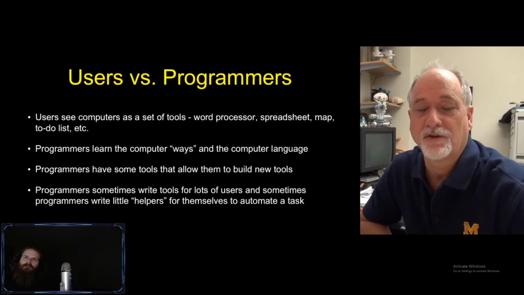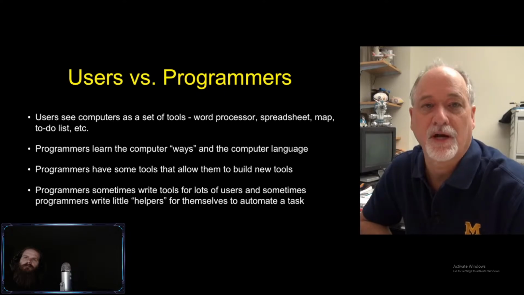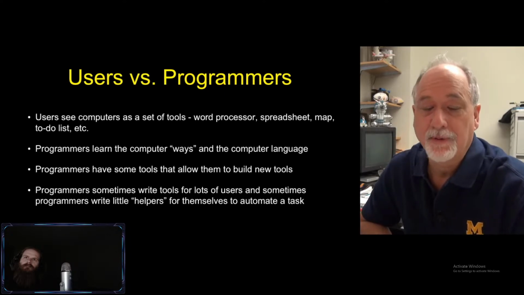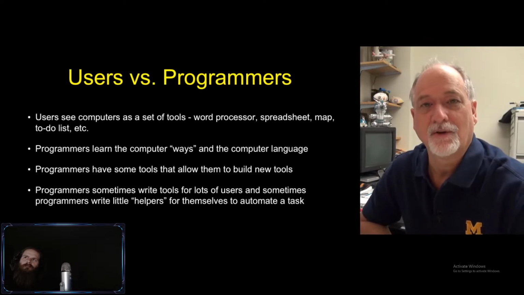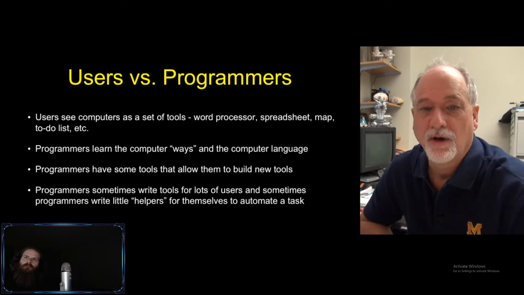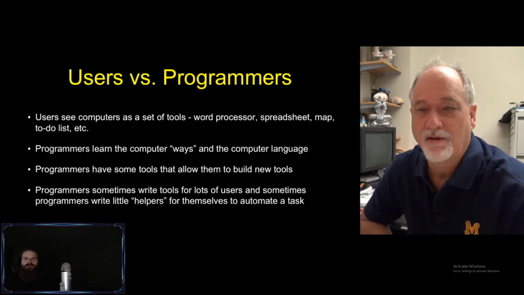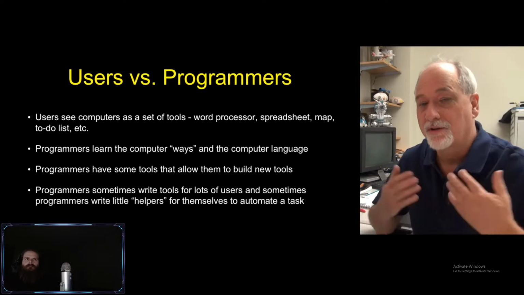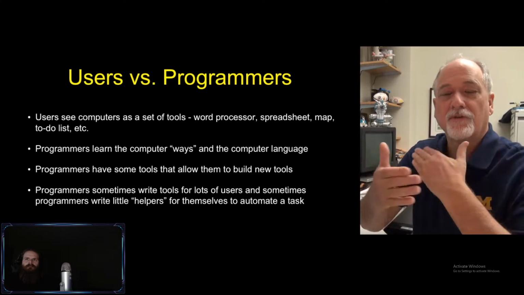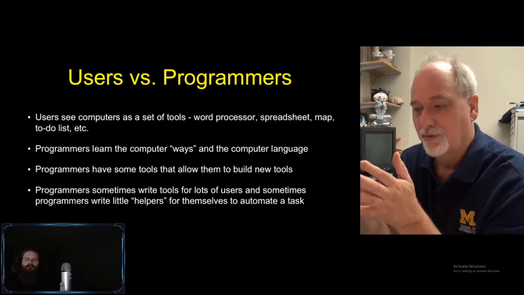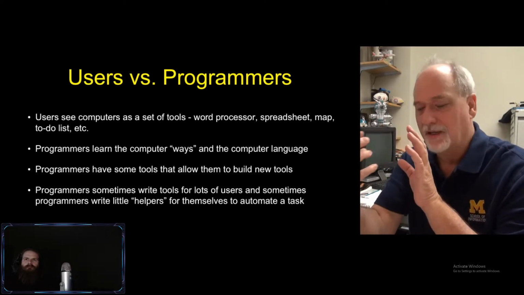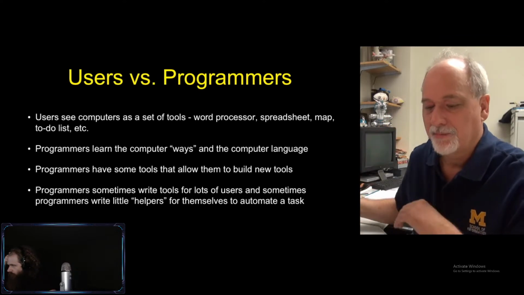Now the first kinds of things that you're going to construct are actually things to solve your own problems. And it's very popular now to work on data, and Python is an excellent programming language for data mining and data analysis, and that's a lot of what we're going to do in this course, although really it's a gateway to all kinds of things like artificial intelligence or gaming or navigation or mobile applications or entertainment, all kinds of things. But first we have to learn to program. We have to move from using the computer as a tool to using the tools within the computer that allow us to change how the computer sees the world.